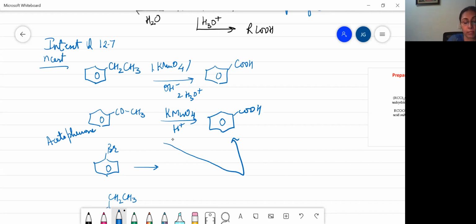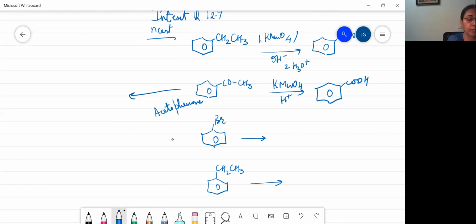By another method, that is when you treat it with, I'll write it on the other side, sodium hypoiodide, NaOI.